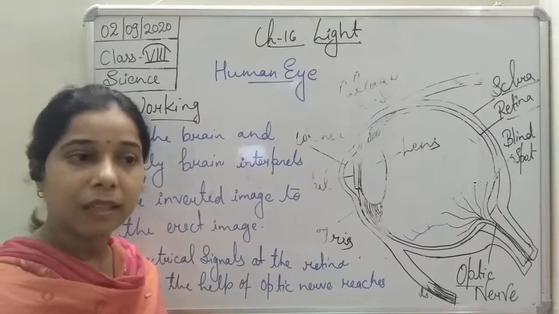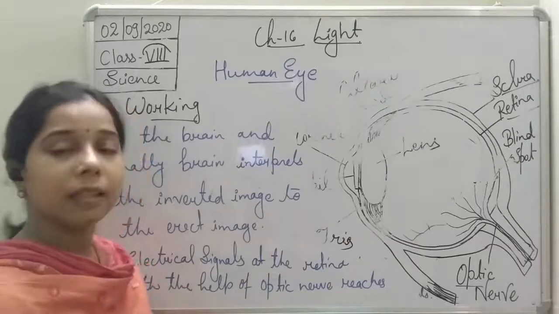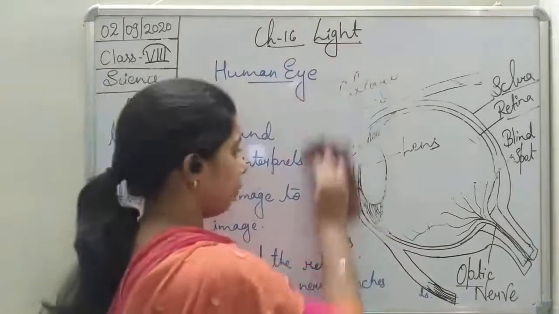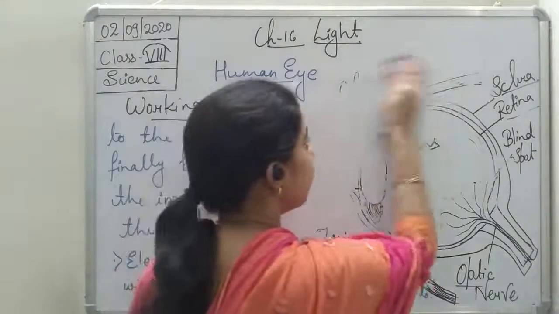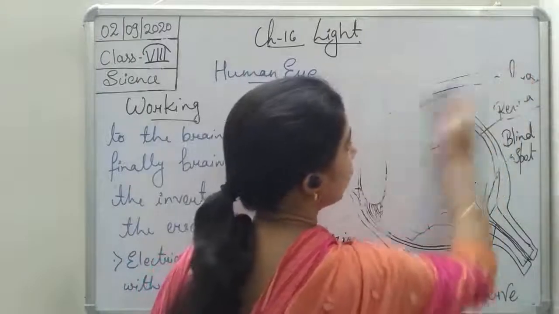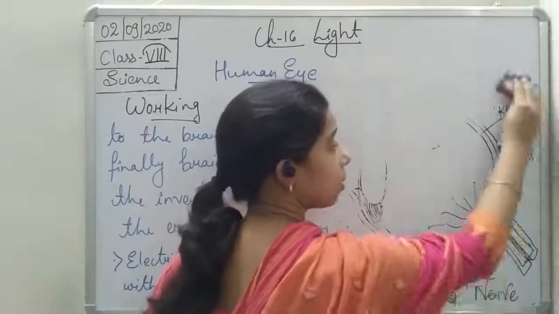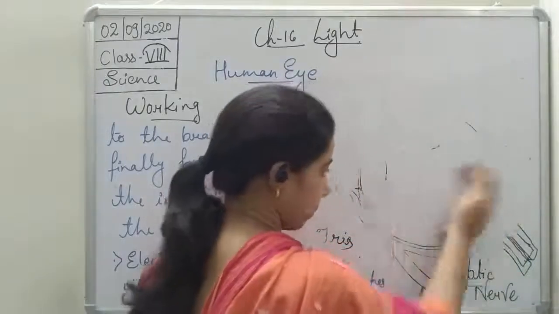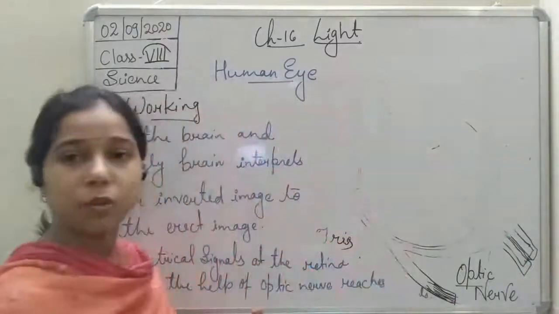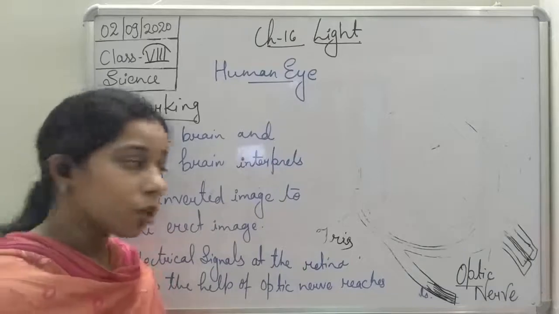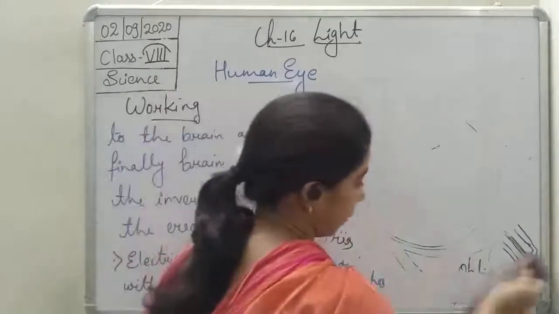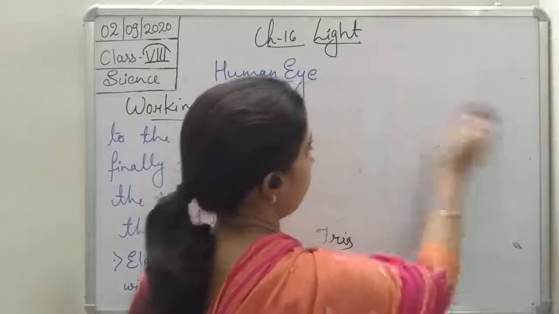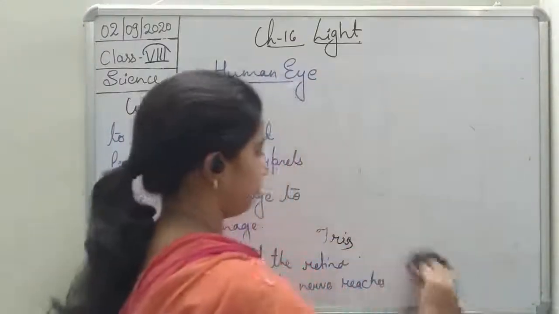You will write that the image formed by the eye is real and inverted, but it is the brain only which interprets the inverted image to the erect image.